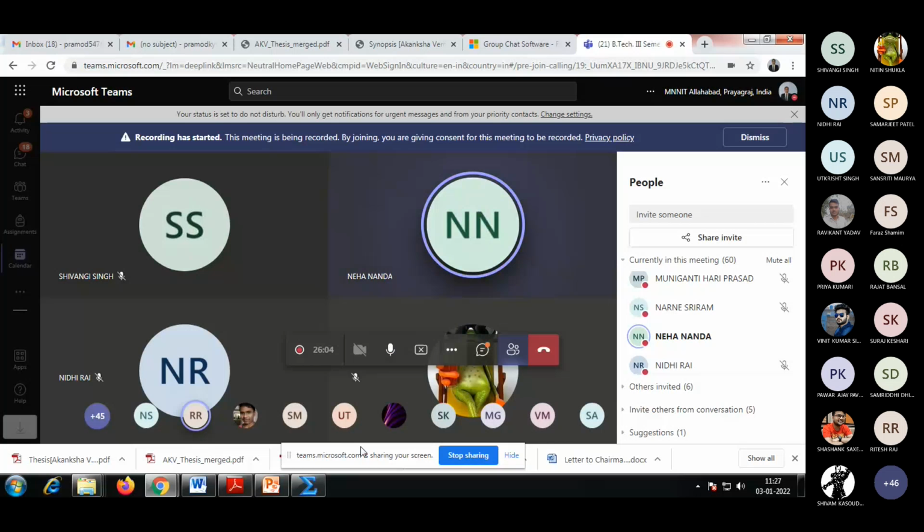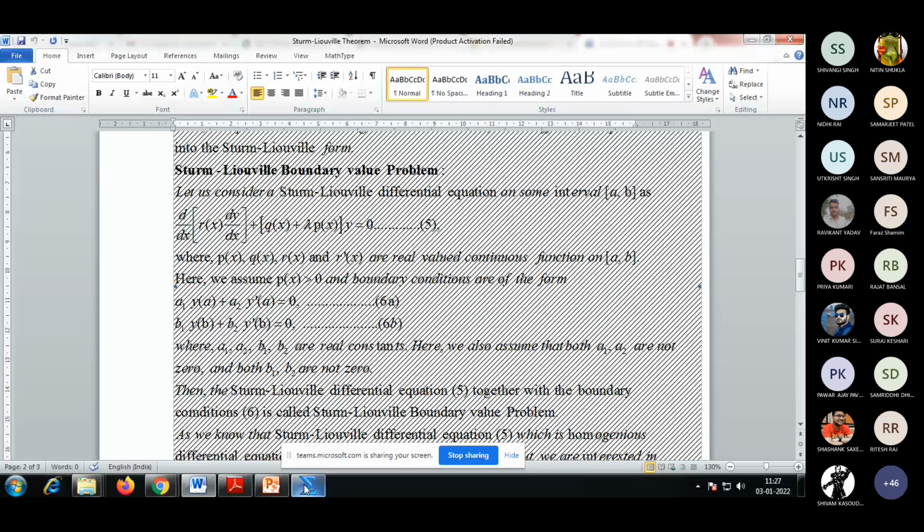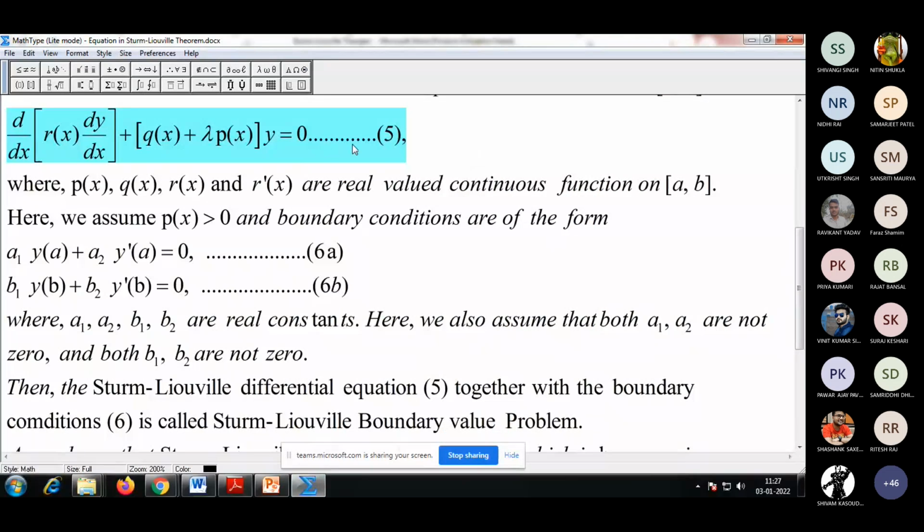Like P of x is d by dx and Q of x is d by dy. You are talking about the linearity or homogeneity? I am talking about the homogeneity, whether the differential equation is homogeneous or not. Acha, yes, sir. Homogeneous.